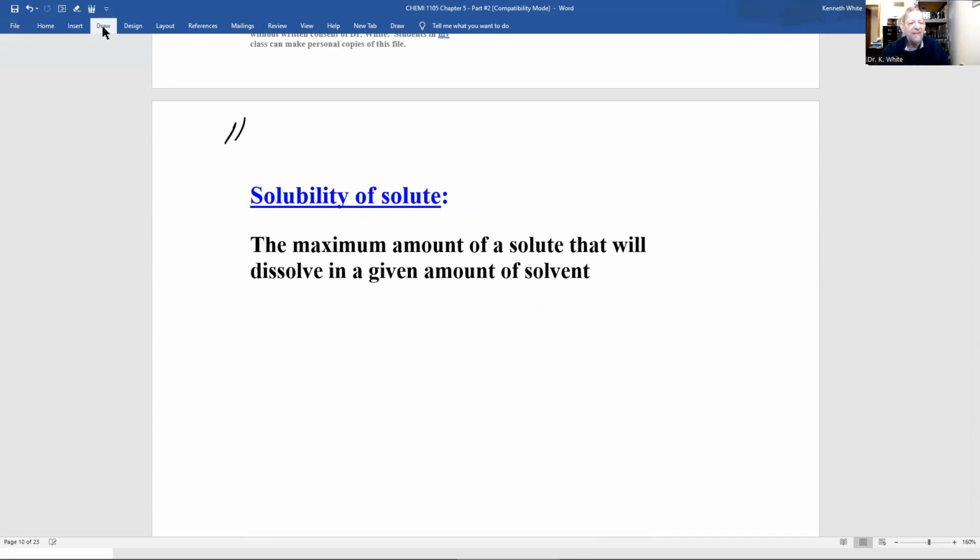Huh, my pen tells me it's red and it wrote black. And that's the maximum amount of solute that will dissolve in a given amount of solvent under certain conditions.